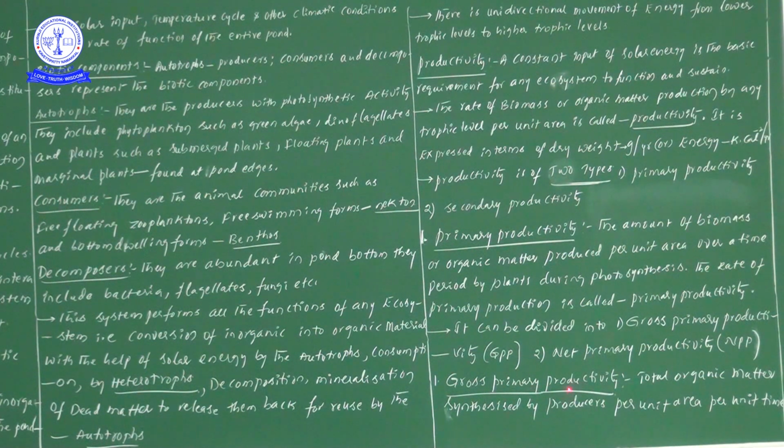If they ask for the definition of gross primary productivity, we have to start with the word total: total organic matter synthesized by the producers. Producers are nothing but plants, which we consider autotrophs. The organic matter or biomass synthesized by the plants in one particular area in one particular time is the total organic matter.